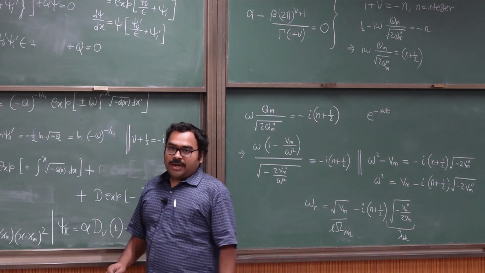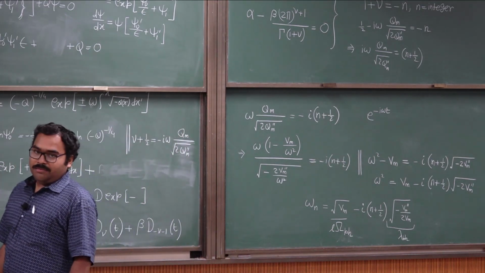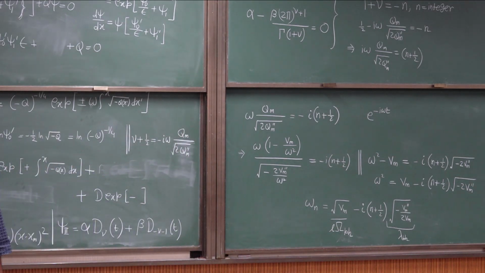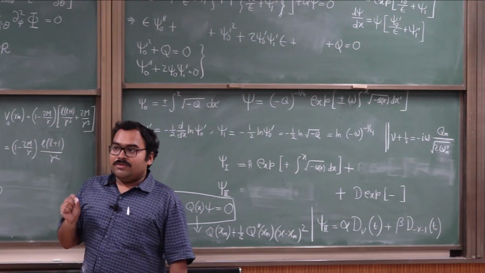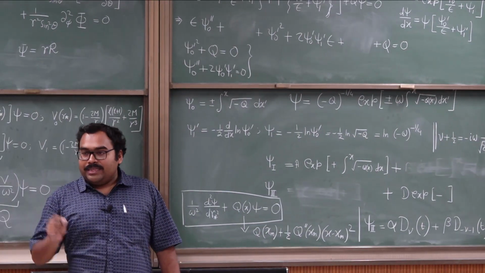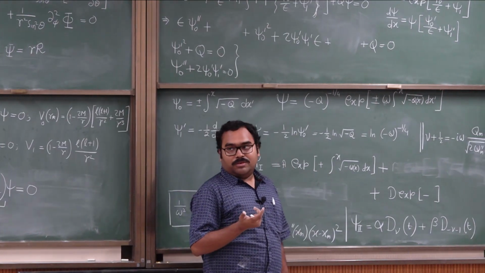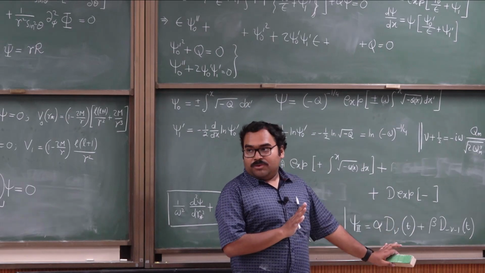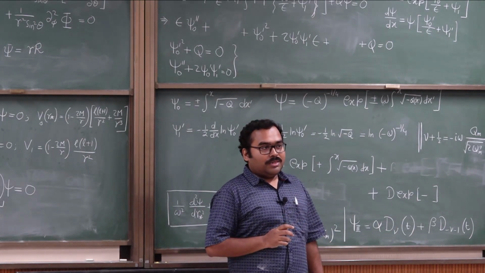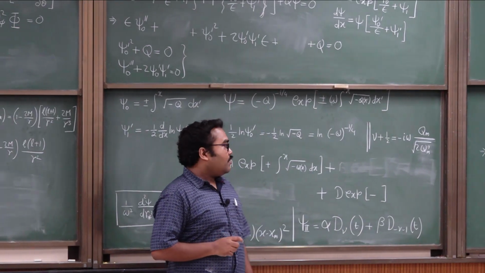So the imaginary part of the black hole QNM is related to the instability time scale of the photon sphere, which is the Lyapunov exponent. And the real part is related to the angular velocity of photons at the photon sphere. So there is nothing about the horizon. The only information that you have is about the photon sphere.